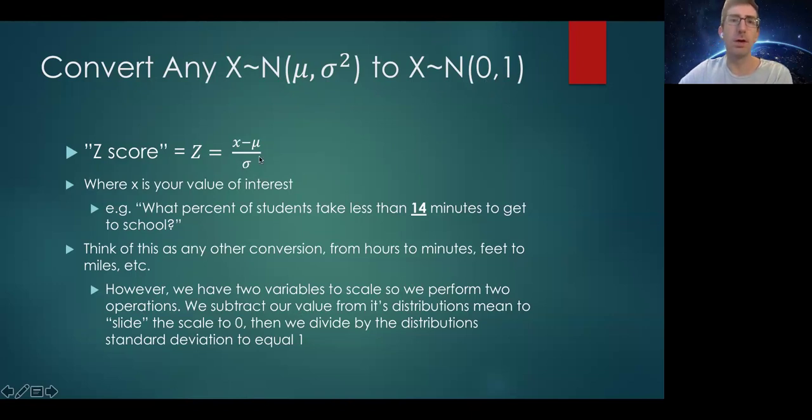And then dividing by the standard deviation, if you just divide this by itself, you would get to 1. So that's what this formula is doing, just to help you understand why we're doing this.